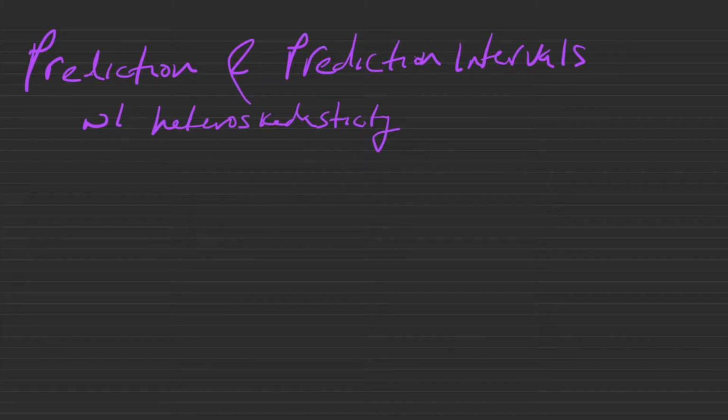We can obtain the standard error of prediction the same way as we would with OLS, except that we will use WLS. So let's talk about how we will obtain the standard error of prediction so that we can get a prediction interval for our prediction of interest.